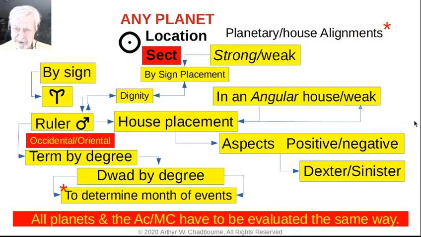Are the aspects positive or negative? Sextile, trine, conjunct, or is it negative, square or opposition? Dexter being right. The aspect to the right is dexter, stronger. To the left is sinister. We need to determine what the monthly events are, what I showed you. And all the planets that rule the ascendant or the midheaven have to be evaluated the same way.